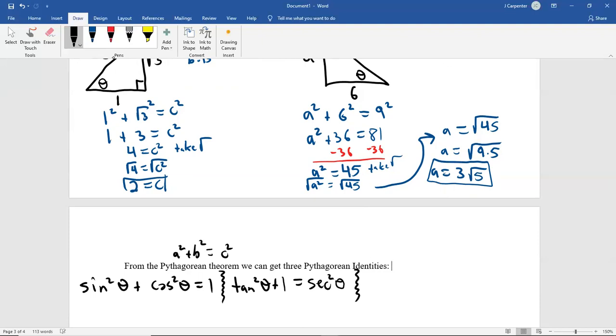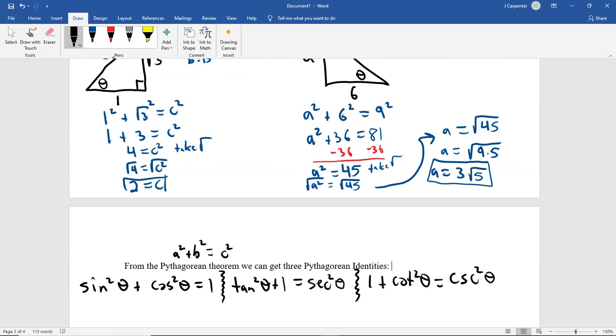That's the second variation. And the third variation is 1 plus the cotangent squared of theta is equal to the cosecant squared of theta.